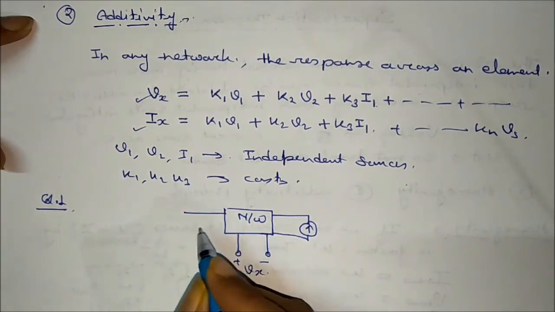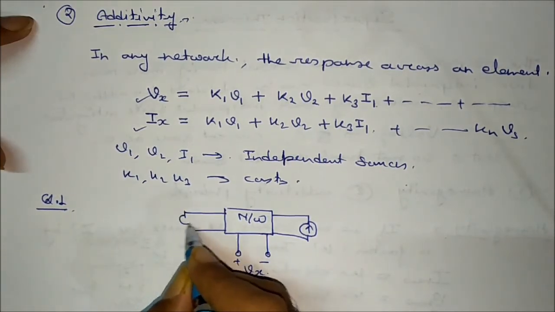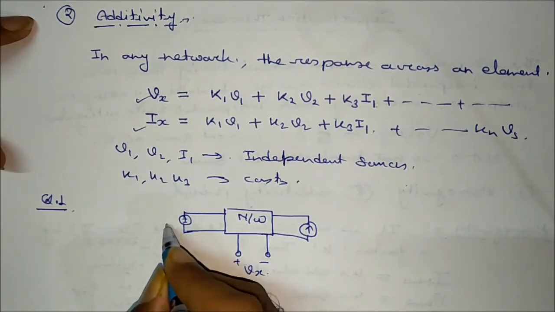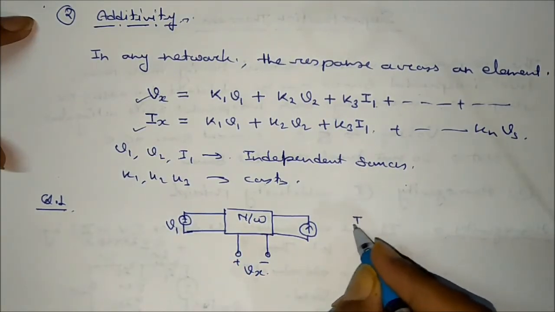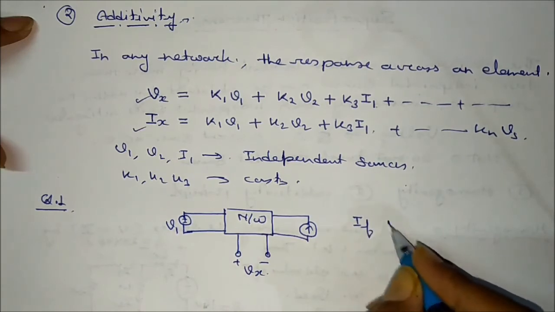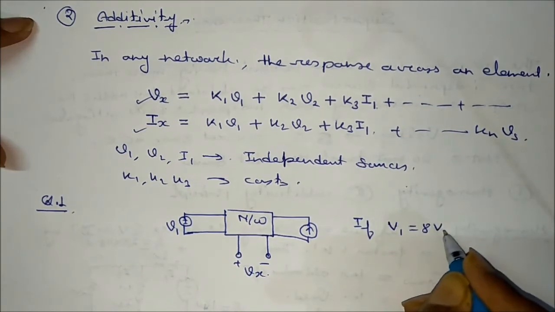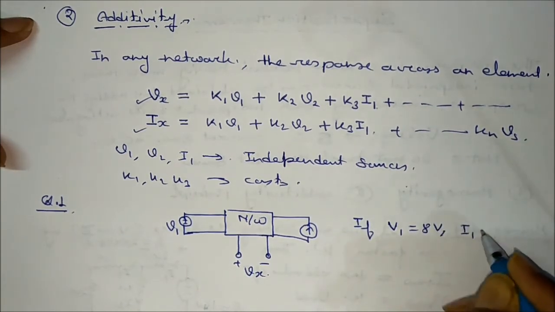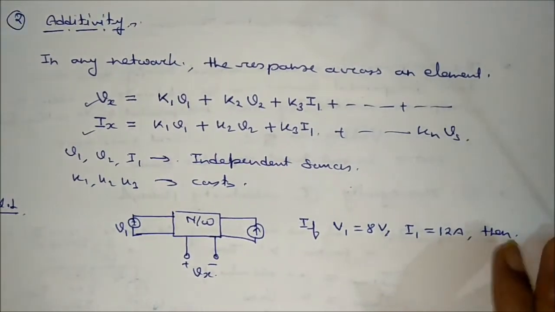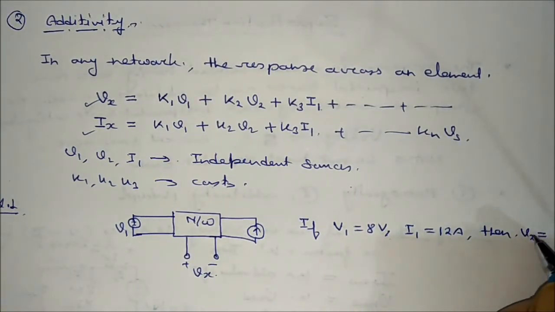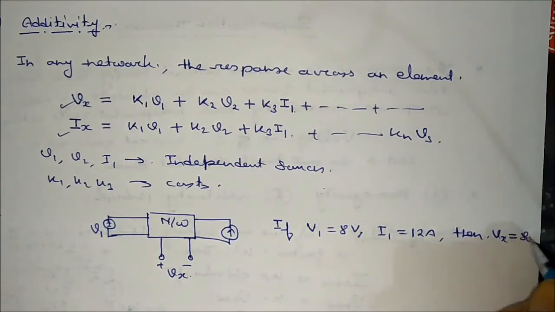Next one, that is V1. It is given if V1 is equal to 8 volt, I1 is equal to 12 ampere, then Vx is equal to 80 volt.